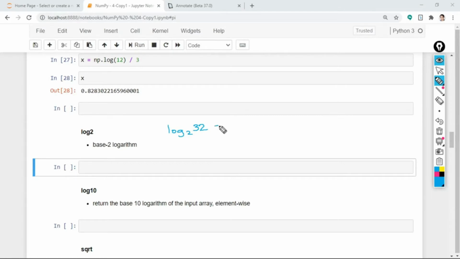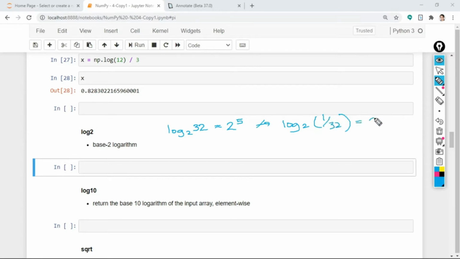How do you derive 32 in terms of exponent? Our base is 2, so 2 raised to the 5 is 32. How about a fraction value? For example, you have logarithm base 2 of 1 over 32. It's just the reciprocal of this one.